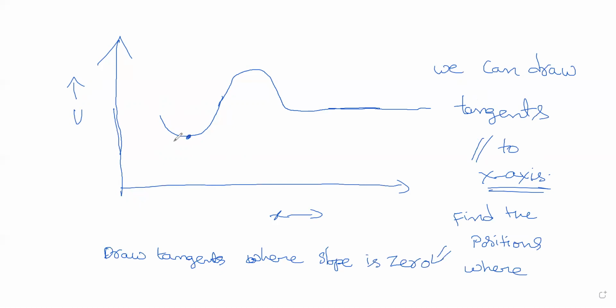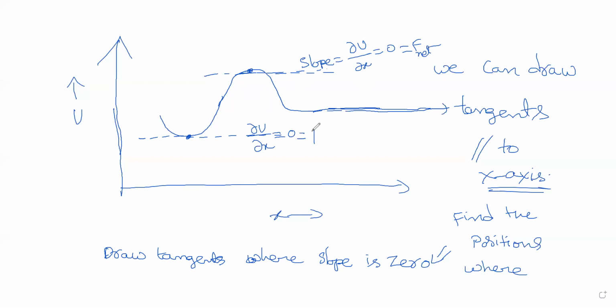Suppose I take this point, I can draw a tangent parallel to the x-axis here. If I take this point, I can also draw one. If I take this point, it is constant anyway. Here the slope is nothing but dou U by dou x, and that is zero. Dou U by dou x is zero means F net is zero. Please understand. Here also the slope of the tangent is zero, so F net is zero. This line goes constant, so here also F net is zero.